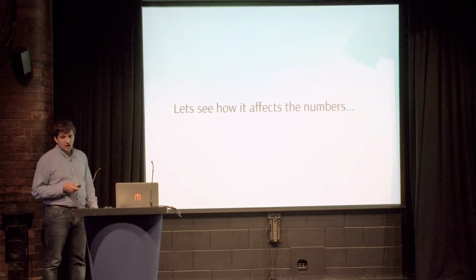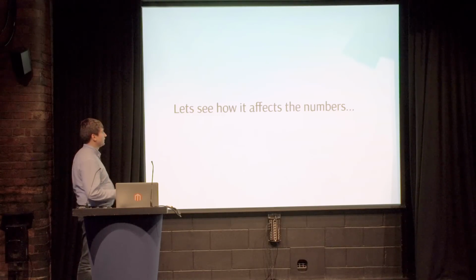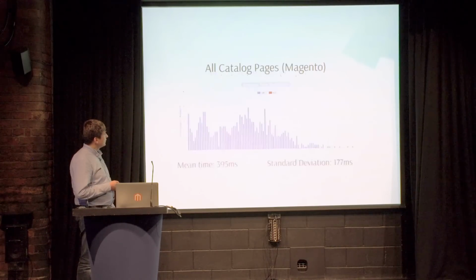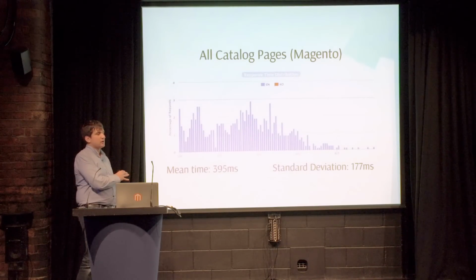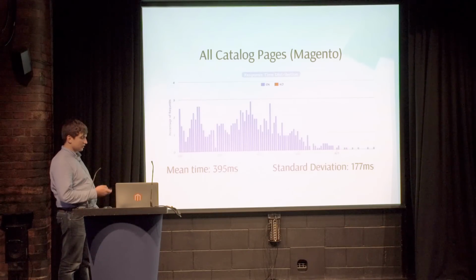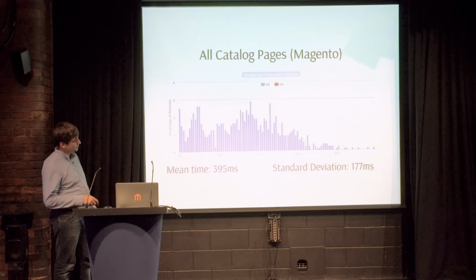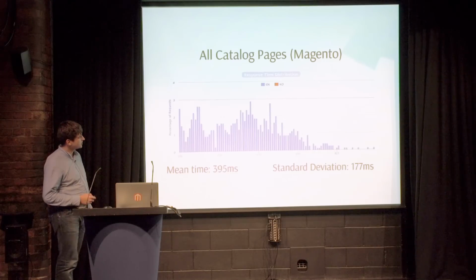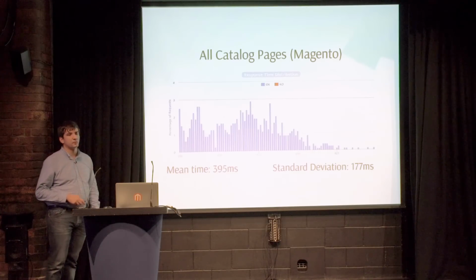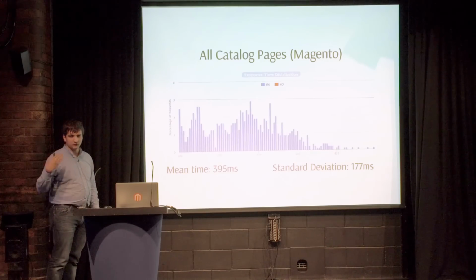So let's see how using Sphinx can change the way Magento behaves. This is still standard Magento sample data, and these are average catalog pages on Magento. As you see, the result is 400 milliseconds, and the deviation is 200 milliseconds. This is the result with the layout compiler enabled, so we already had some performance improvement for Magento.